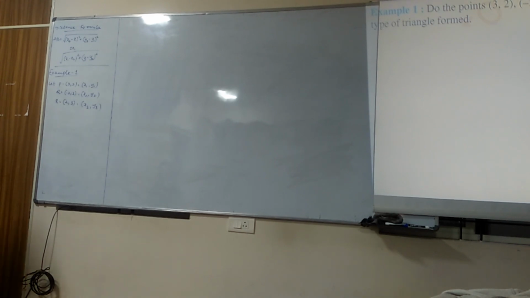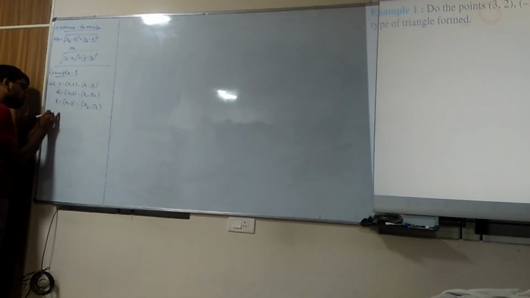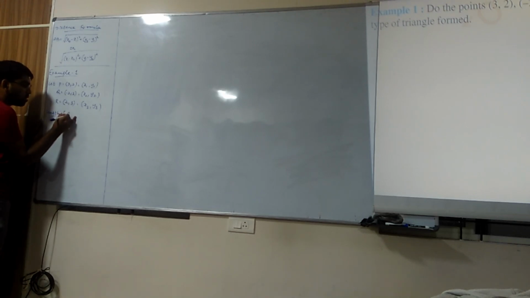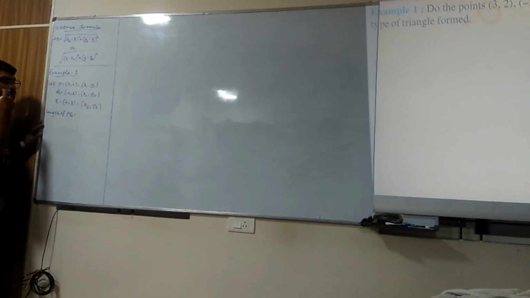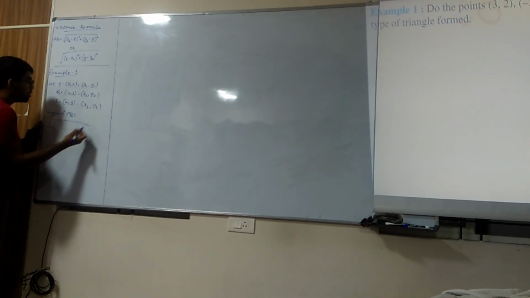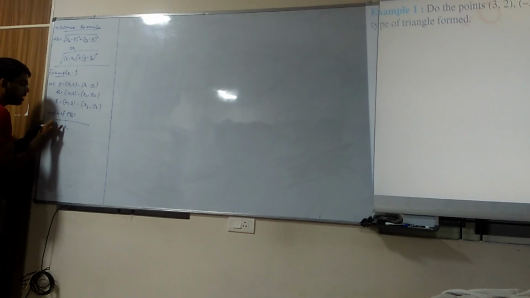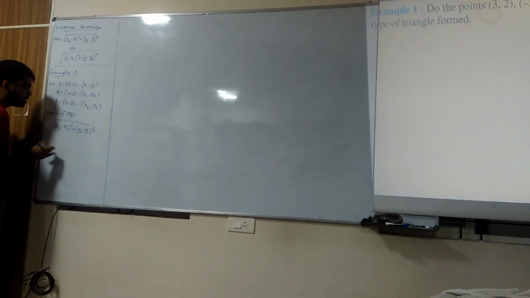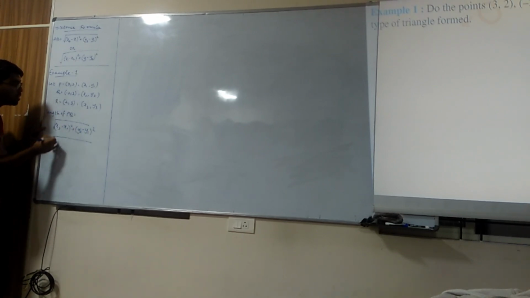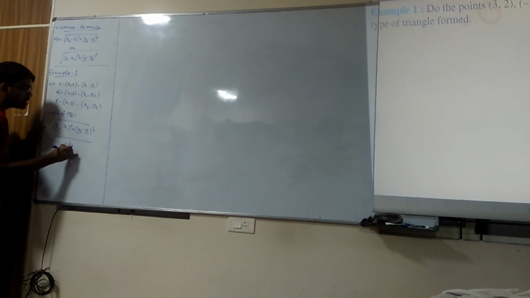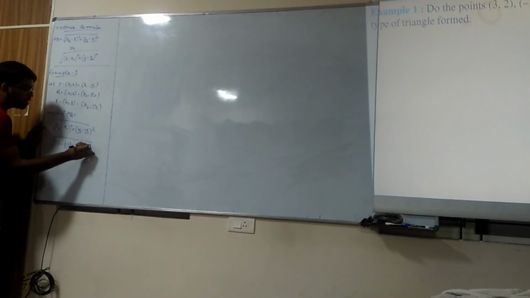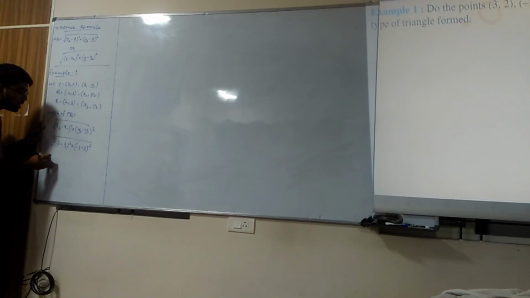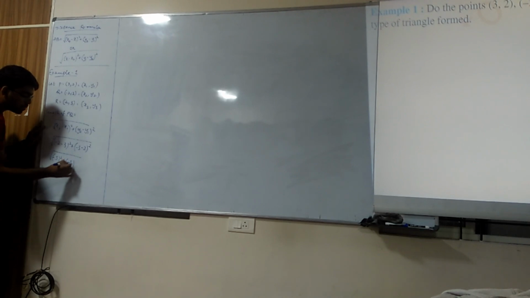So, the length of PQ is root of x2 minus x1 the whole square plus y2 minus y1 the whole square. Substitute: root of (-2 minus 3) the whole square plus (-3 minus 2) the whole square. So minus 5 square plus minus 5 square, that is 25 plus 25.